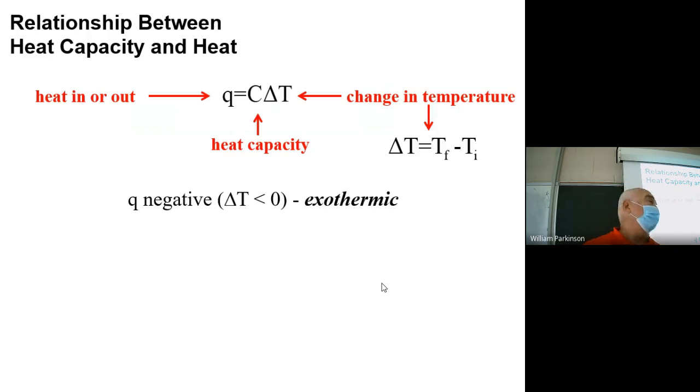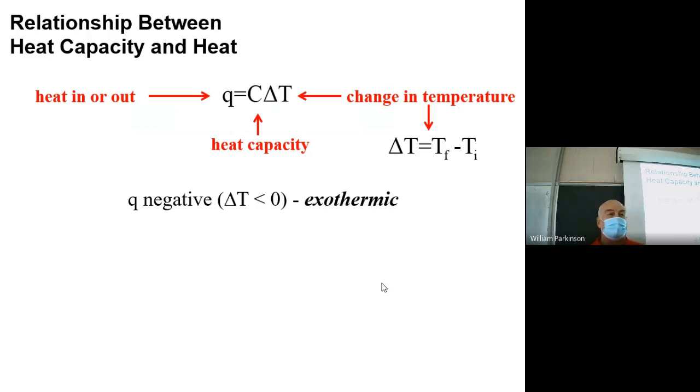So let's think of the logic of what that means. If energy is being removed, that's what we call an exothermic process. Exothermic means heat released. If an object releases some of its heat energy, its temperature will go down. If its temperature goes down, TF, the final temperature, is lower than TI, the initial temperature.